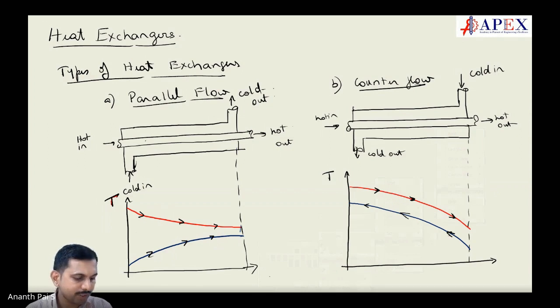Those are the types of heat exchanger. Then there is something called mixed flow, or cross flow.